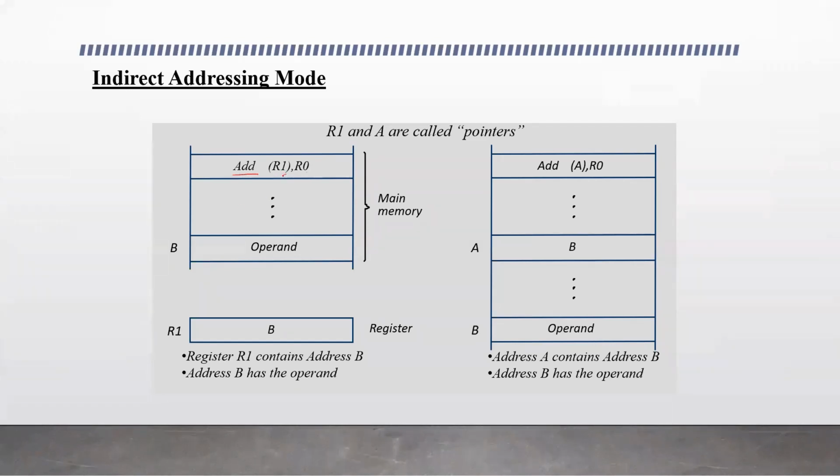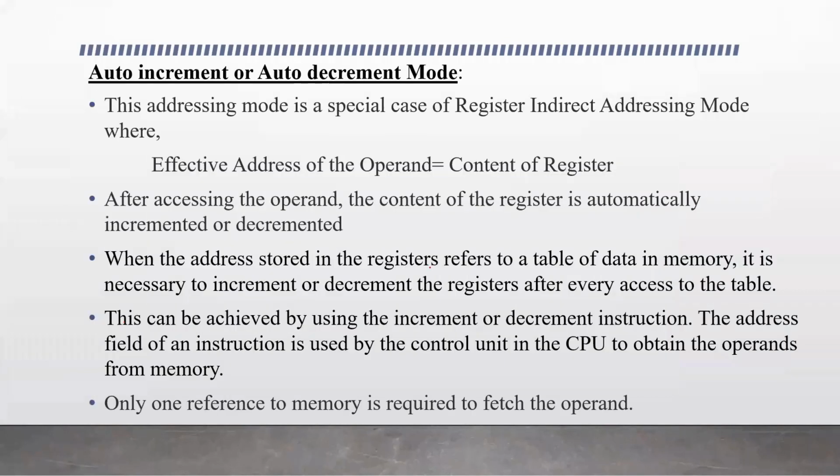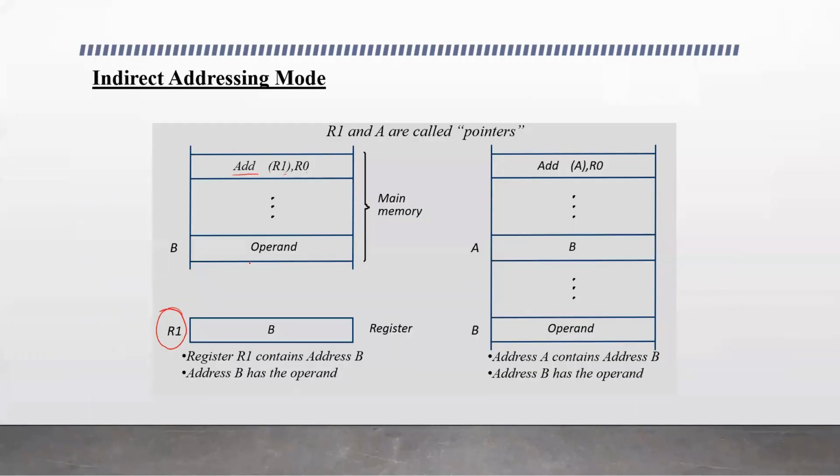So what is R1 here? If you locate the register R1, R1 will not have the data. What is there in R1? It is B. What is B? B is again the address of the operand in memory. At this particular location B, we have the operand stored in memory. So what type of addressing is this?